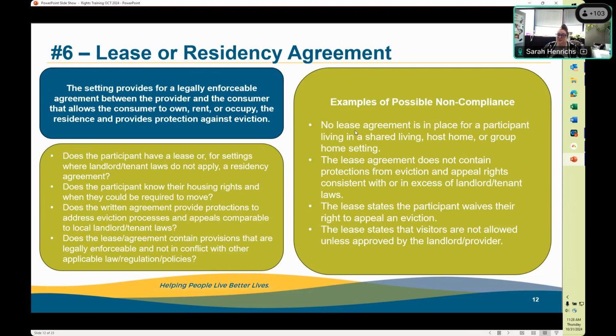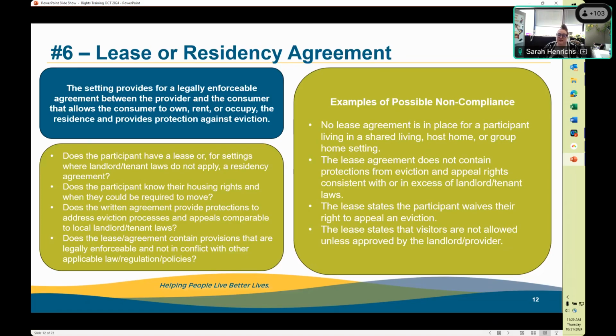Some examples of non-compliance: if there were no lease agreement in place in a provider-controlled residential setting; if the lease agreement didn't contain protections from eviction and appeal rights consistent with state landlord-tenant laws. If the lease states the participant waives their right to appeal an eviction, that is not allowed under Nebraska landlord-tenant laws.